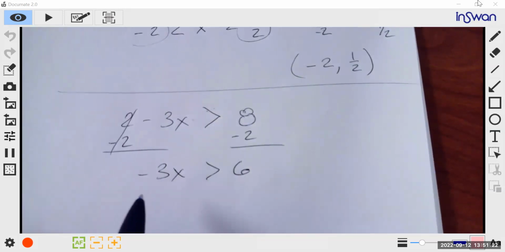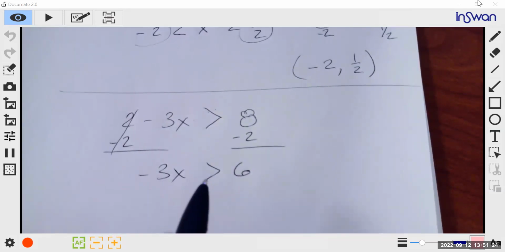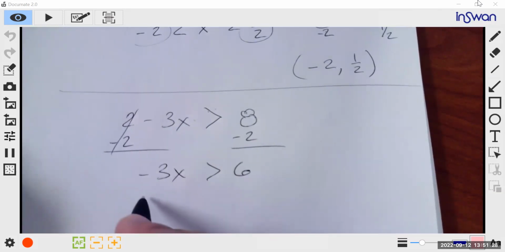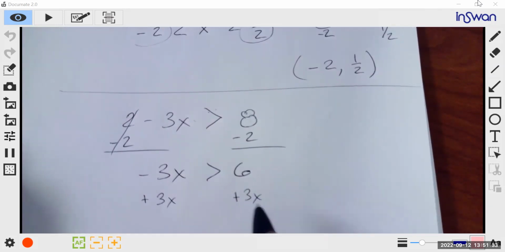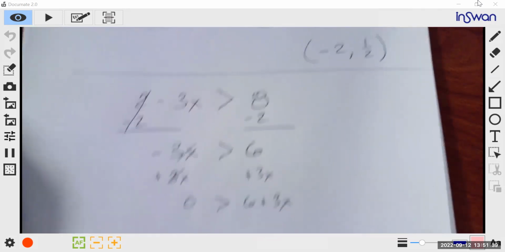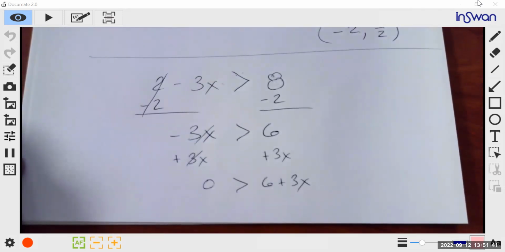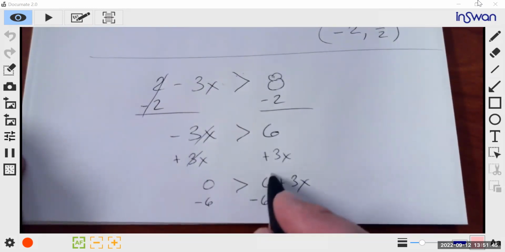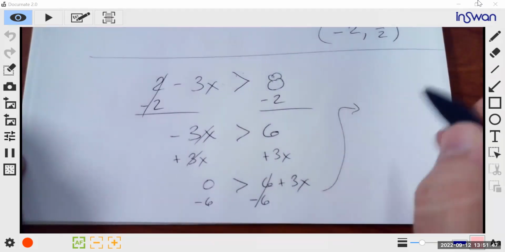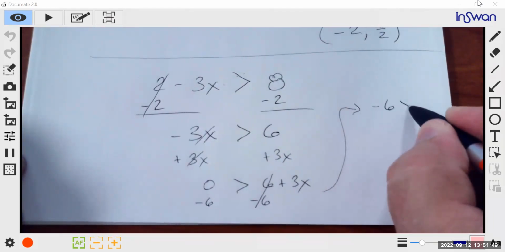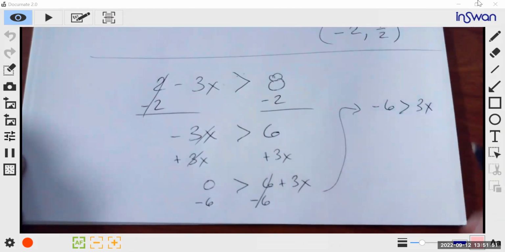If we were to solve for x mathematically, we have to first add 3x to both sides. 0 is greater than 6 plus 3x. Subtract 6 from both sides. We have negative 6 is greater than 3x.